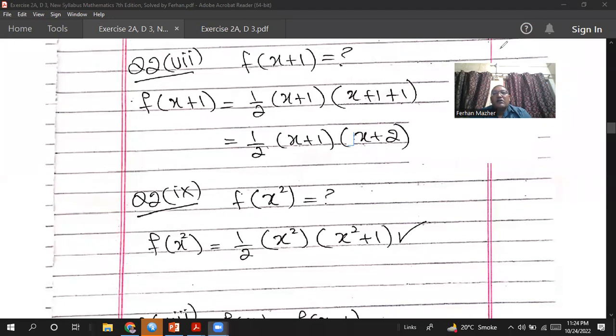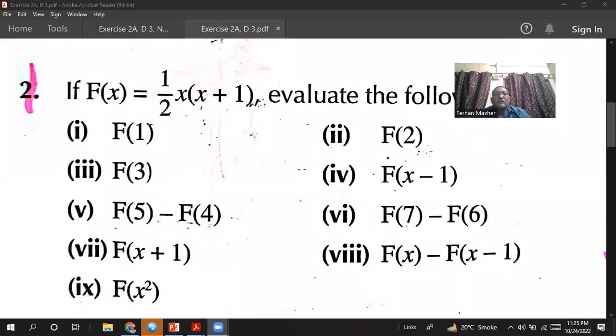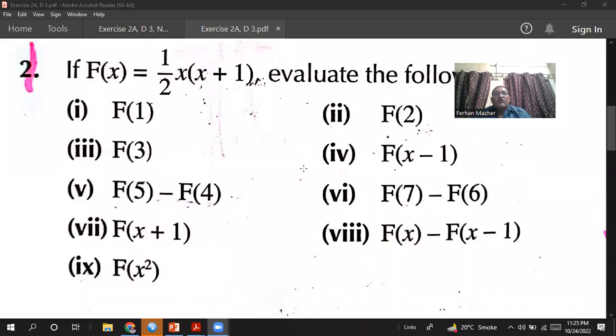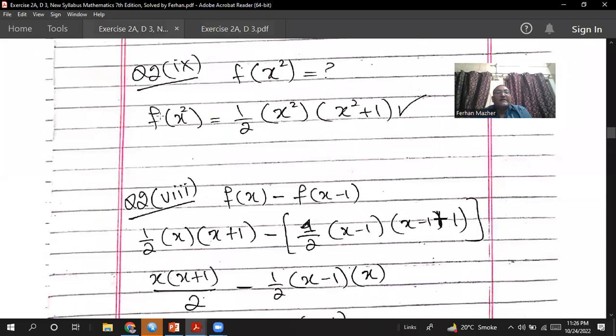And so now we are going to the next part, that is the eighth part, f of x minus f of x minus 1. Okay, so very simple, straightforward.